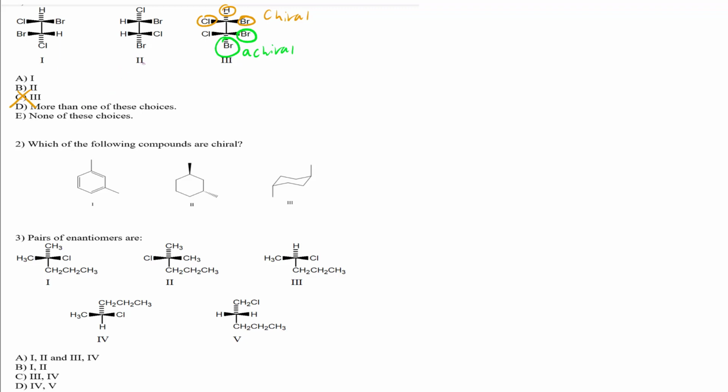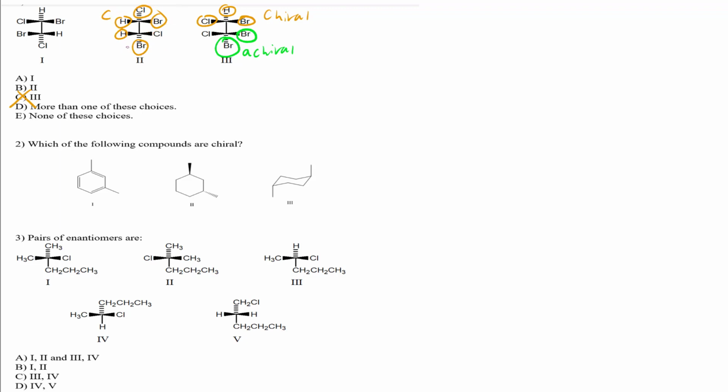All right. What about 2 and 1? Well, we're looking for achiral, right? Let's see. We have a hydrogen, a bromine, a chlorine, and then this big group. So that's different. That's going to be chiral. Let's just put a C. What about here? 1, 2, and 3, and then this other group. That's another chiral carbon.